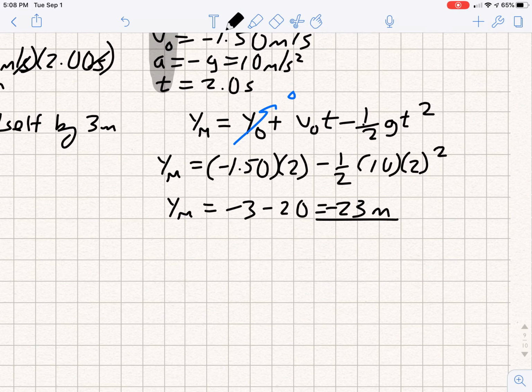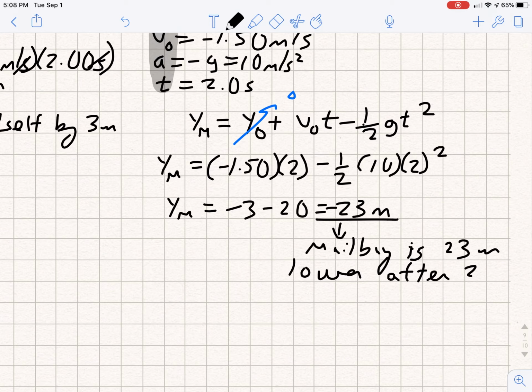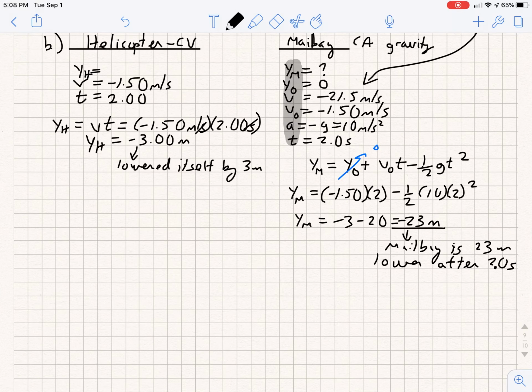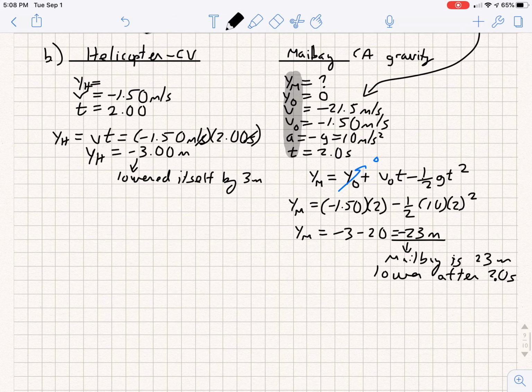And what this answer means is the mailbag is 23 meters lower after 2 seconds. So finally, to figure out how far this is going to be below the helicopter, we simply need to subtract the positions.